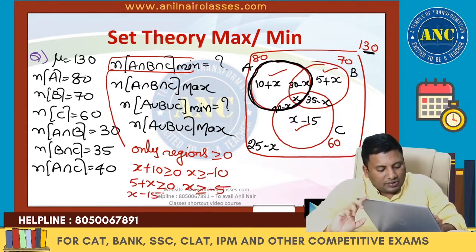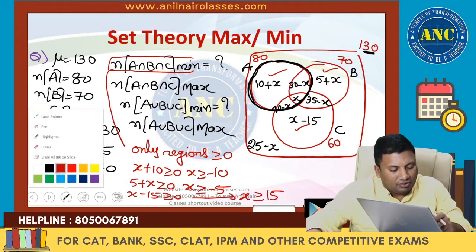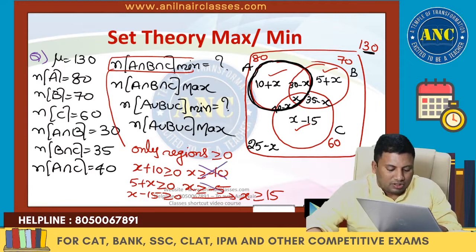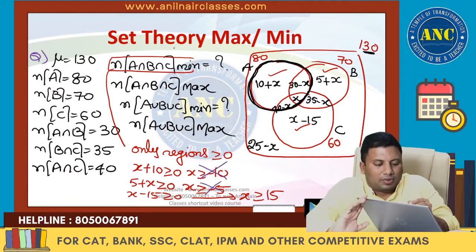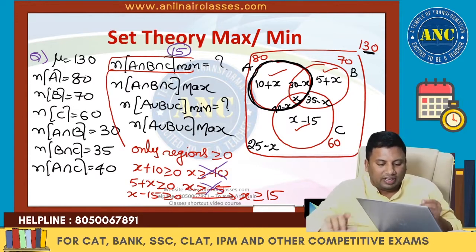X minus 15 greater than or equivalent to 0, X is greater than or equivalent to 15. We should not get negative values. Minus 10 not possible. Minus 5 not possible. So A intersection B intersection C minimum value is 15.